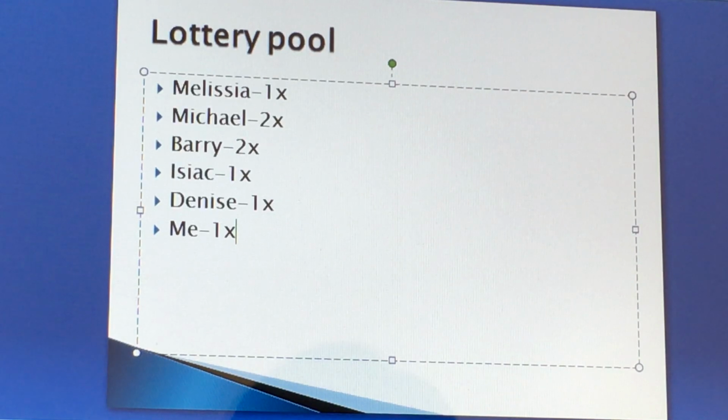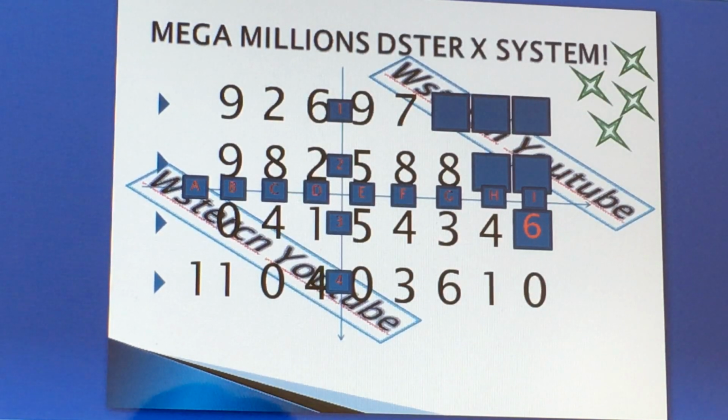Now, try to review the result for Friday draw on this Dster. Remember, we're using the Dster X system, meaning we're focusing on the X factor numbers. So the code, the pair, and the trio. Whatever numbers are around the code, the pair, and the trio, those are the factors of those numbers.